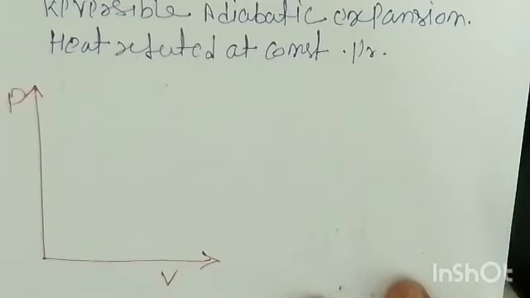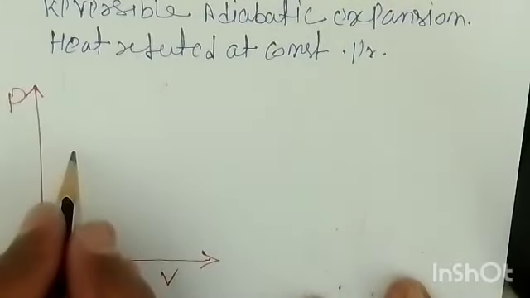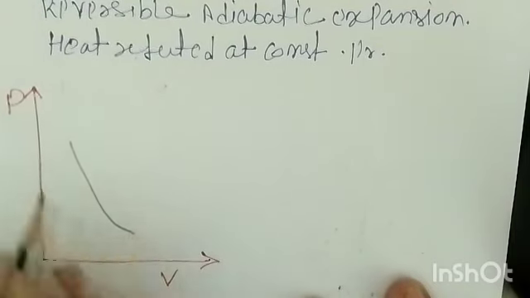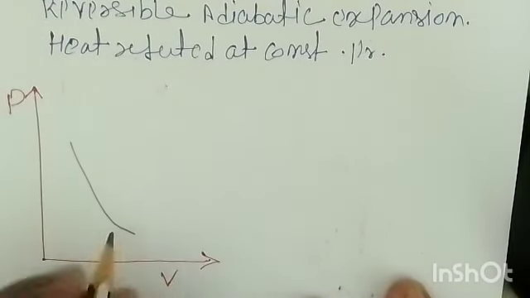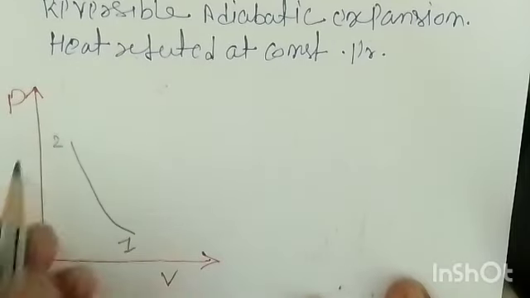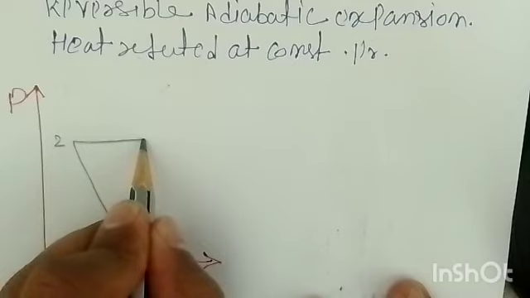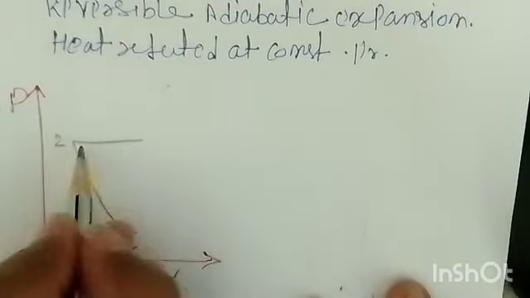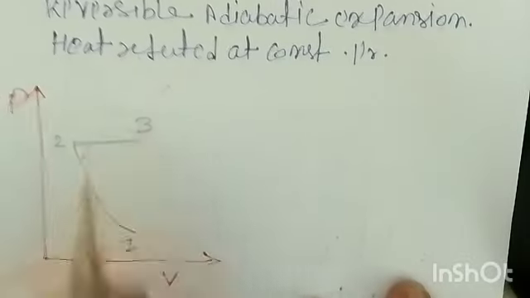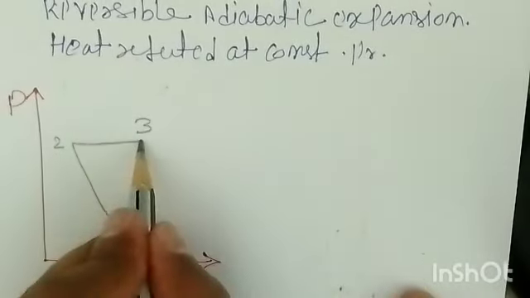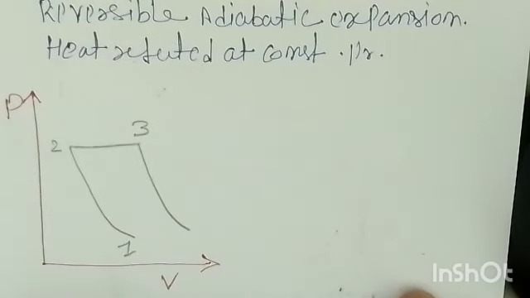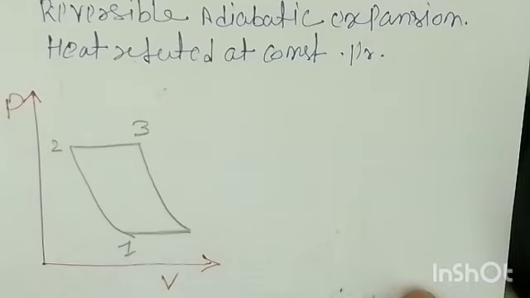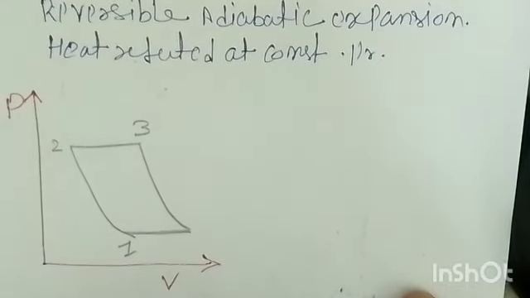First, compression takes place adiabatically. So adiabatic compression will be like this, let's say it is 1, and this is 2. After compression you have to add the heat in your combustion chamber by keeping pressure constant. So let's say this is 2 to 3, and finally 3 to 4 is the adiabatic expansion, and this is 4 to 1. Further, heat is rejected at constant pressure.